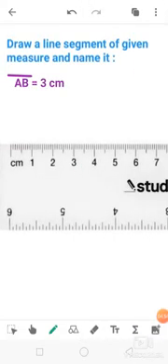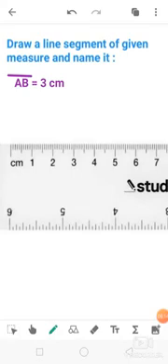Now we will learn how to draw a line segment of given measure and name it. Line segment AB is equal to 3 centimeter. We are going to follow some steps to draw the line segment.